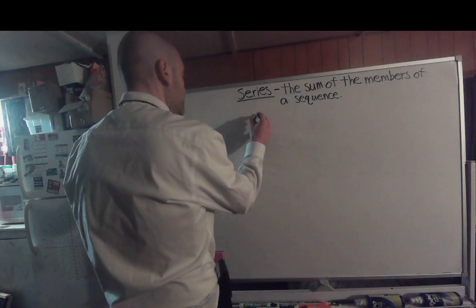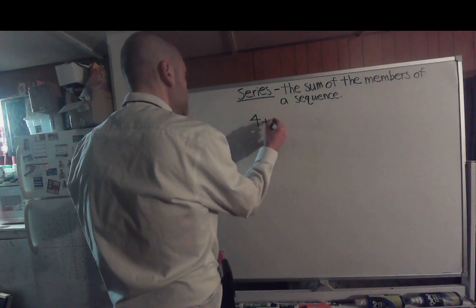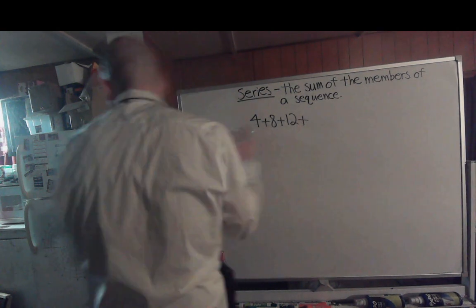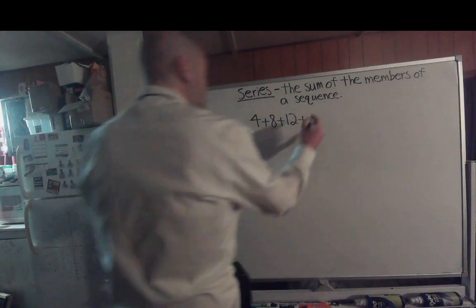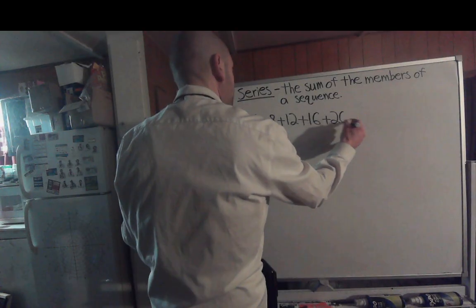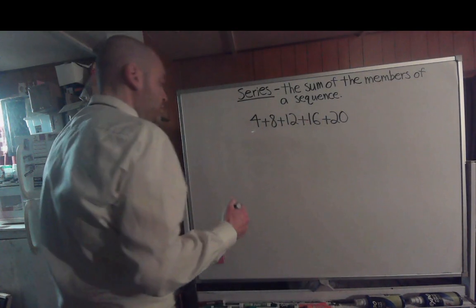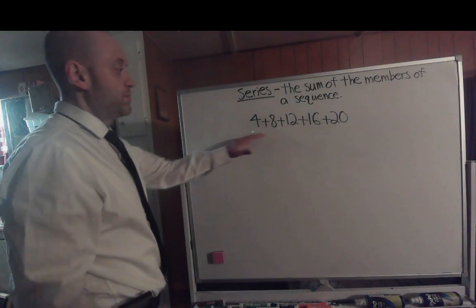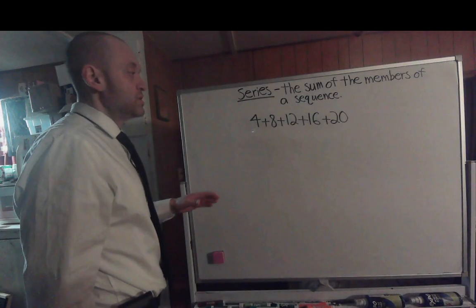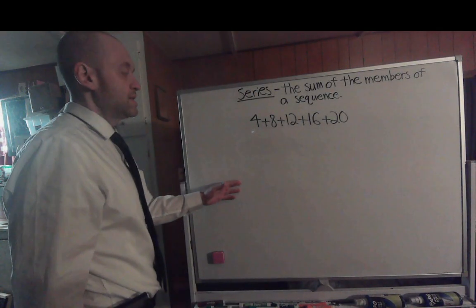Alright, let's see here. So we have 4 plus 8 plus 12 plus 16 plus 20. So we have 5 terms again, right?